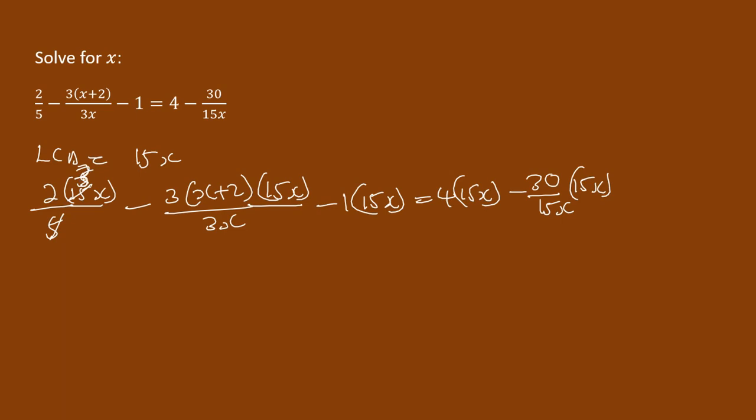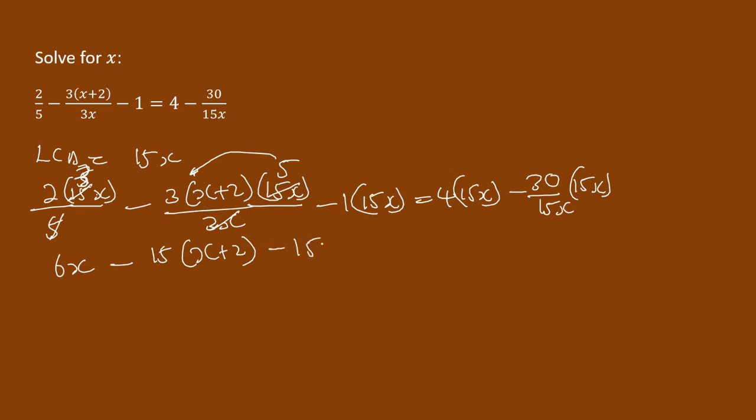So 2 times 3x, that is 6x minus 3x into 15x, that is 5. Then 5 times 3 there, that is negative 15x plus 2.